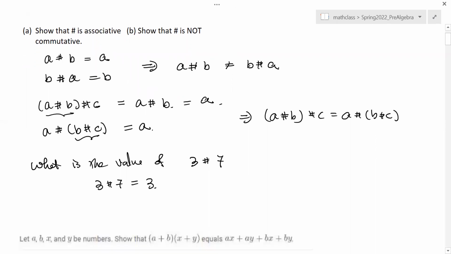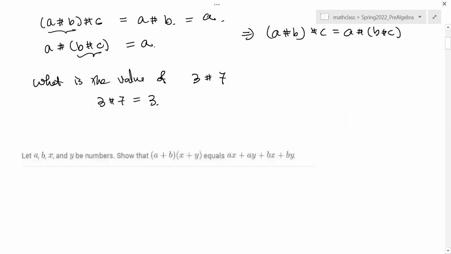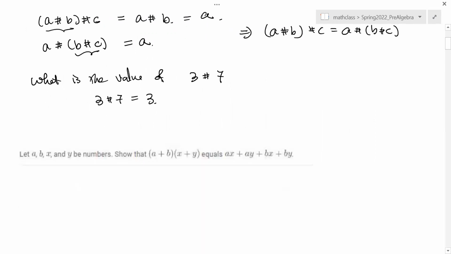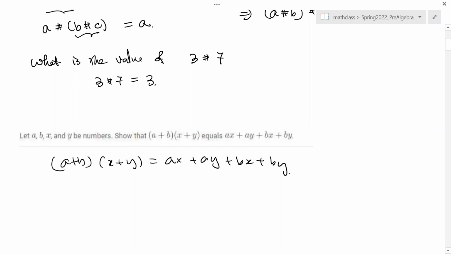All right, the second problem: if a, b and x, y are numbers, show that (a plus b)(x plus y) is going to be ax plus ay plus bx plus by. When you prove this, you need some formulas. It's better to show all the details, and I think it's better to also mention the rules you're going to apply.